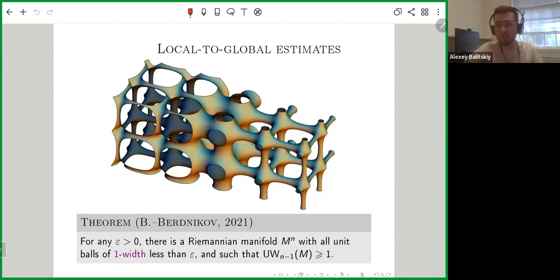so that its global width turns out to be large. In this example, the left half can be approximated well by something one-dimensional. The right half can be approximated too, but for the entire thing, it turns out you cannot project to any graph, to any one-dimensional space with small fibers.